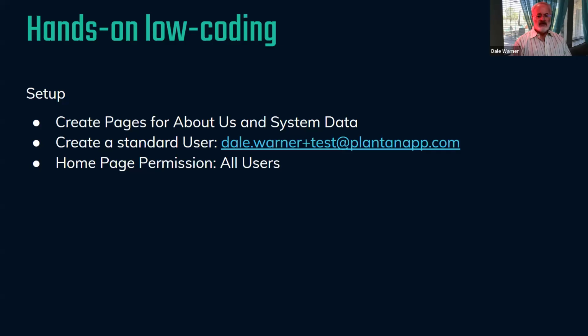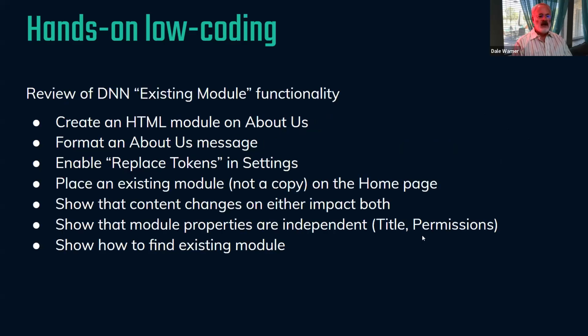I created a standard user, so that if we get into testing as different personalities, either as a standard user or as a not logged in user, you can see perhaps different functionalities. And then I changed the home page permission to all users so everyone can see the site. So that's the setup that I've done in advance. And now we can start getting busy.